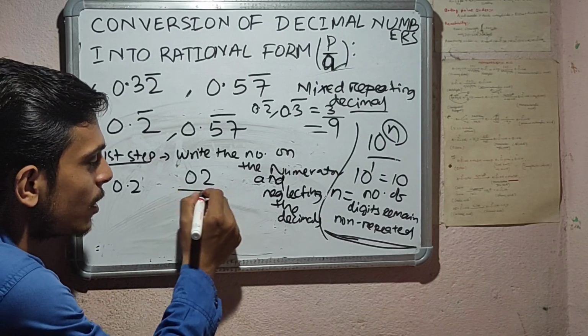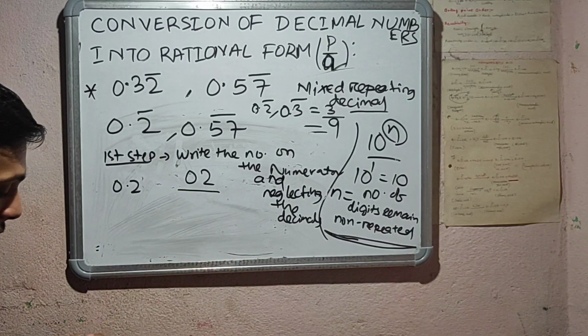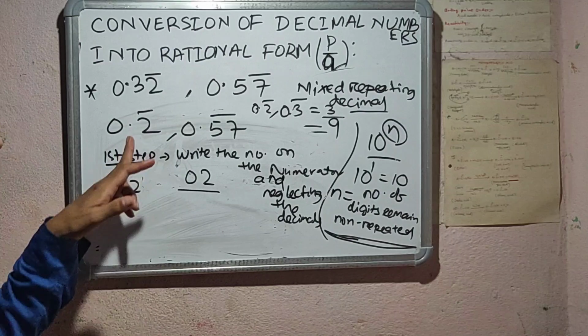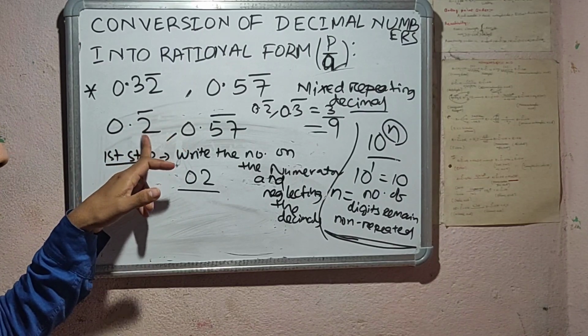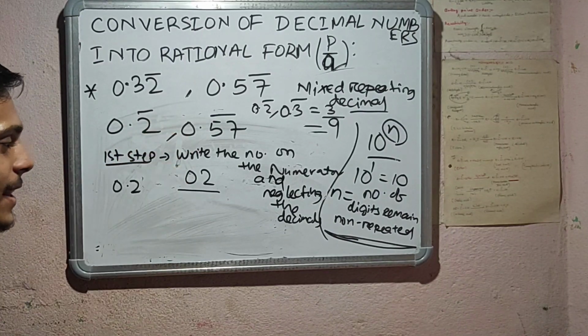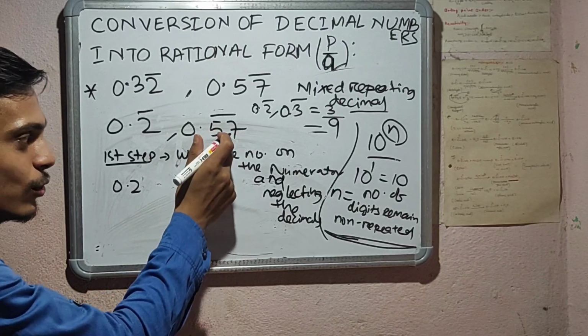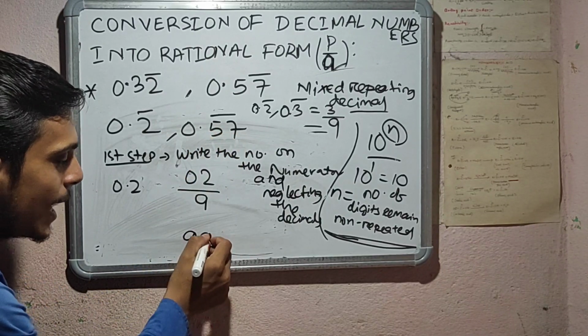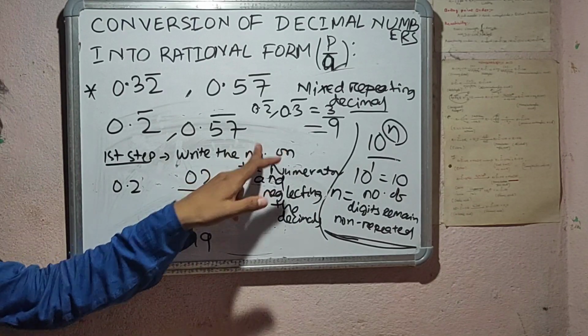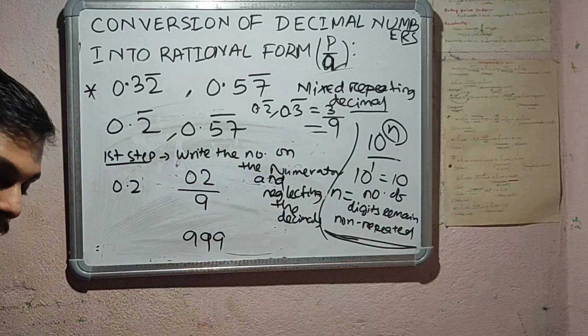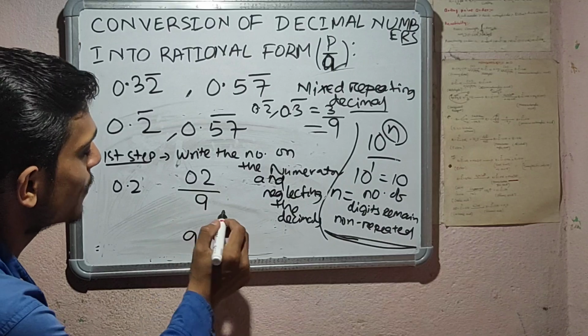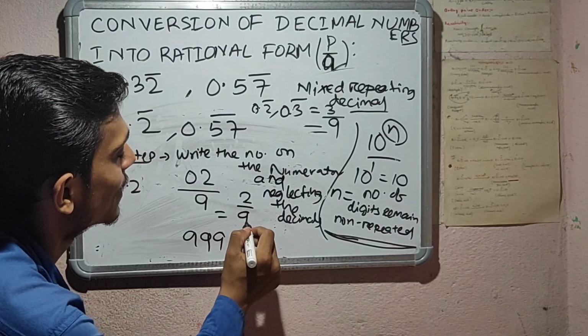And what will be your denominator? If the bar is on one digit, we put 9. If the bar is on two digits, we put 99. If the bar is on three digits, we put 999. Okay, so in this way it becomes 2 by 9.